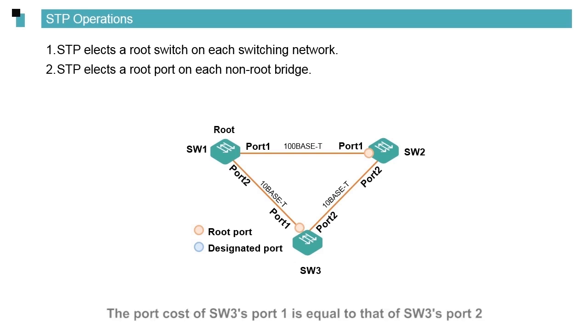The port cost of SW3's port 1 is equal to that of SW3's port 2. SW3's port 1 has the smaller path cost. Therefore, port 1 is selected as the root port. SW2's port 1 is selected as the root port in the same way.